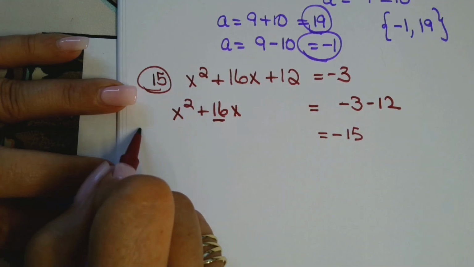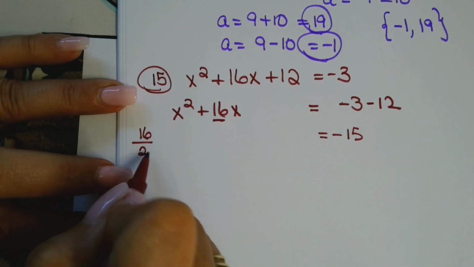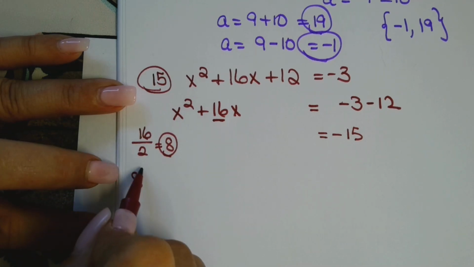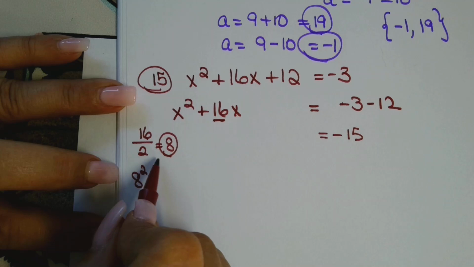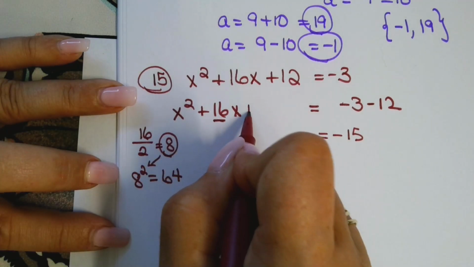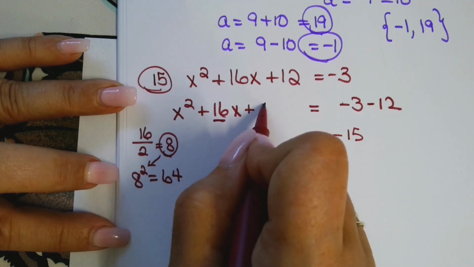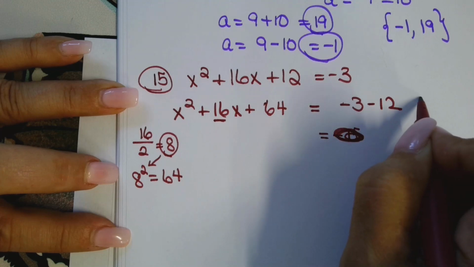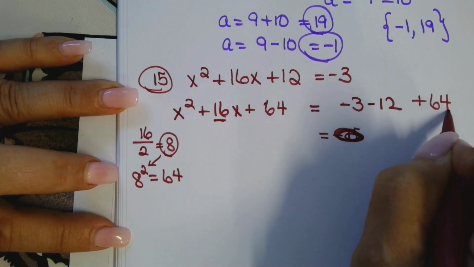So that's 16 divided by 2. That gives me 8. Remember that. And 8 squared is 64. So I'm going to add 64 to both sides. Okay?